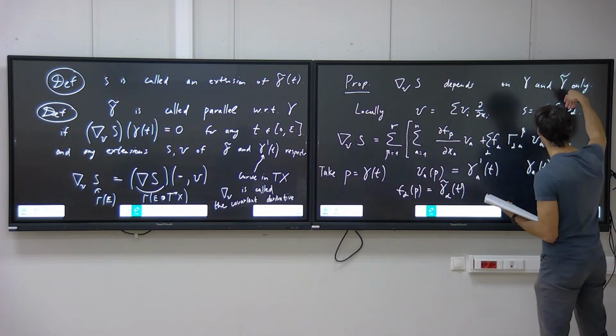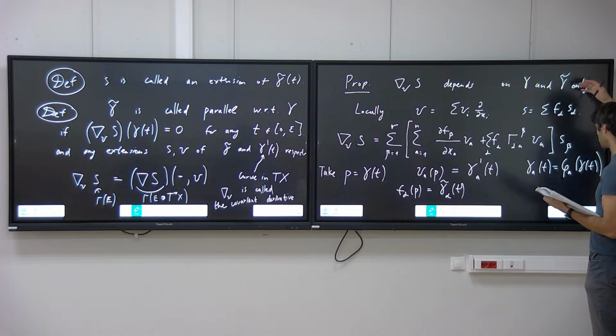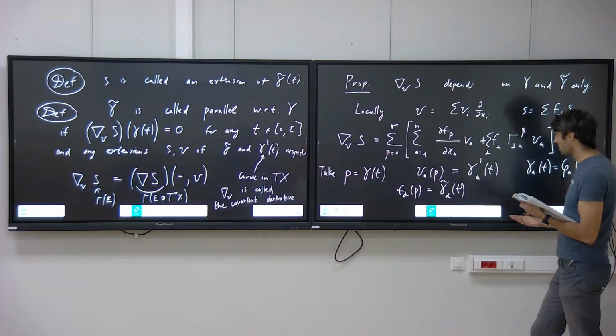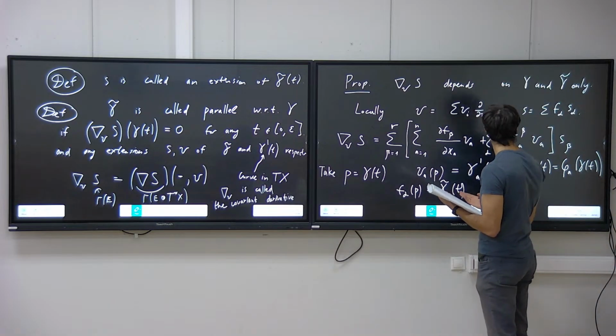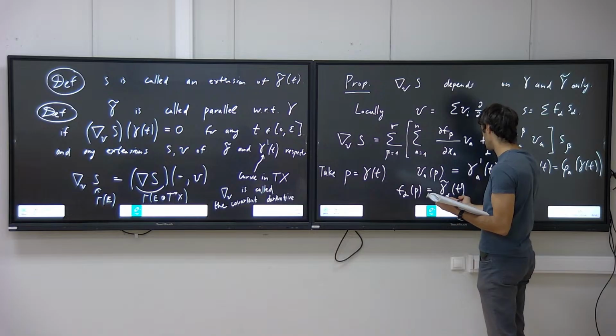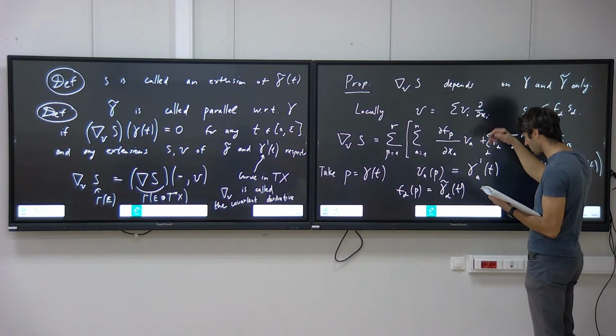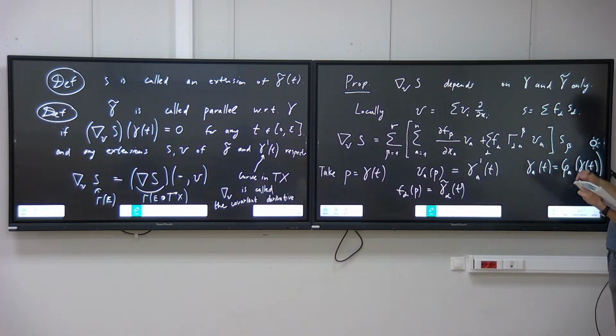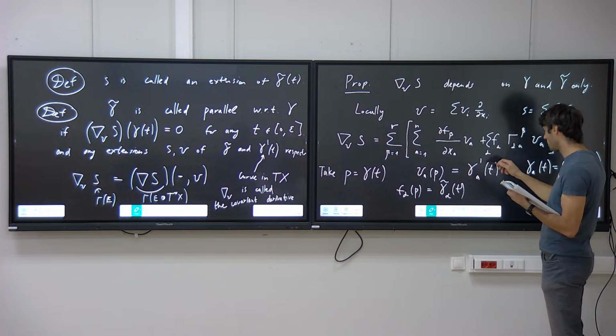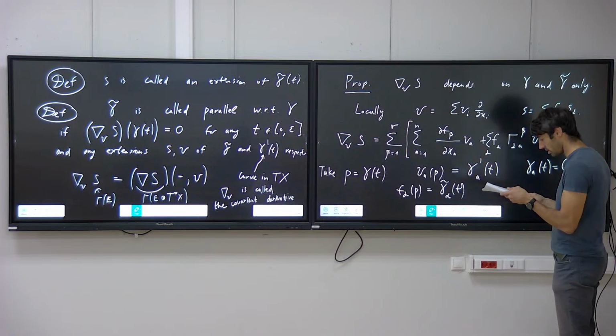I can decompose it, so f alpha at p is just gamma alpha tilde of t. It's just coefficients of the components of this curve decomposed in S alpha, right? So this depends on gamma tilde only, this depends on gamma. What else? I also have d of beta or dxa.